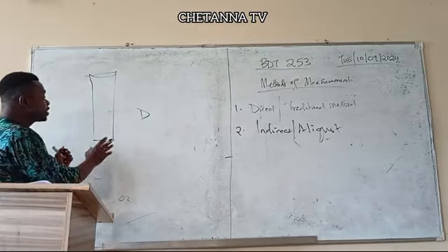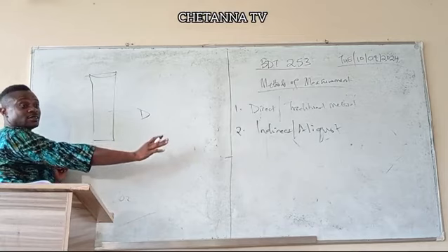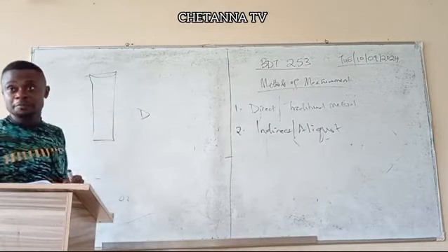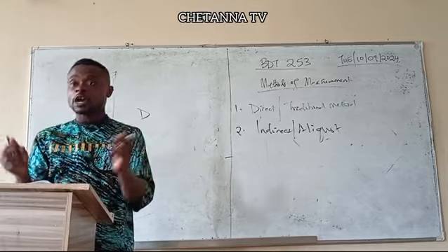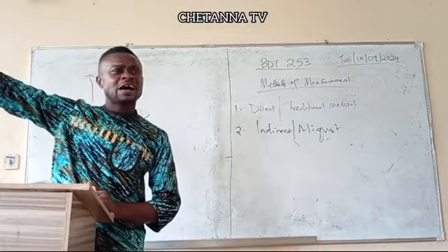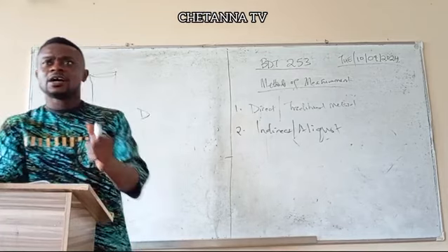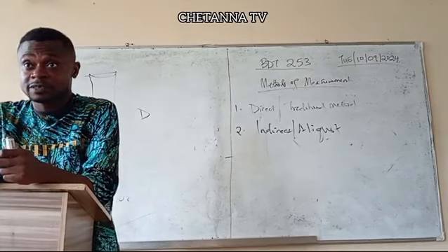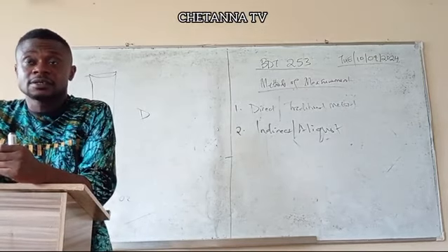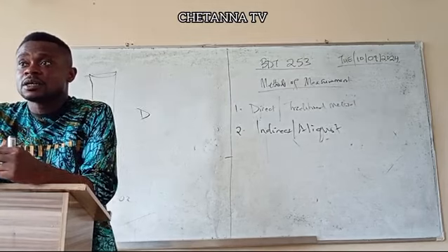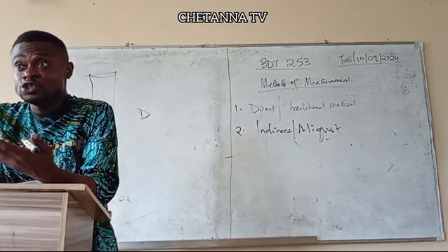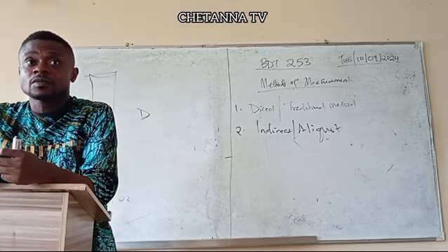Okay, so we have these of different sizes. We have 250 mL, we have small ones, and we have up to 500 mL. Maybe you've not seen it because you have not used it, but it's there.